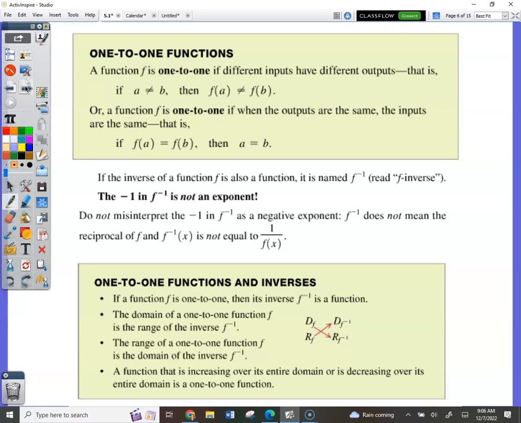Now, here's the flip side of that. What if it is 1-to-1? Another way to verify it algebraically is, okay, well, if the outputs actually are equal, right, then were the inputs equal? Because if the inputs were equal, then that meant you plugged in the same number.